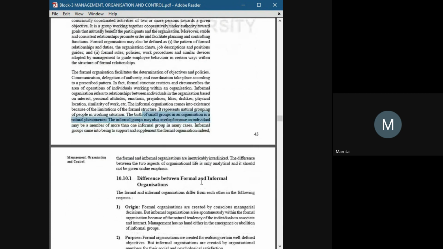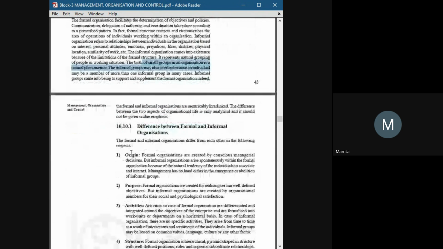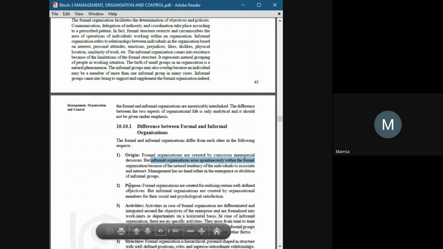So the difference between formal and informal. The origin. Formal organizations are created by conscious managerial decision, but informal organizations arise spontaneously within the formal organization. Purpose. The purpose of formal organization is well-defined objectives, to achieve the objectives. But the informal organization is for personal satisfaction, psychological satisfaction, social satisfaction.